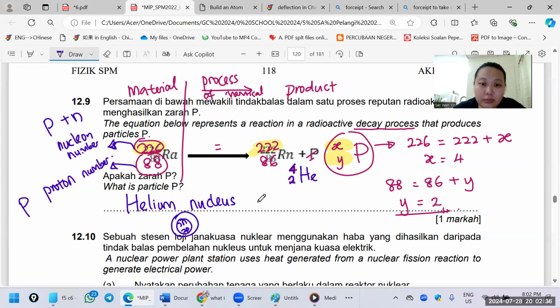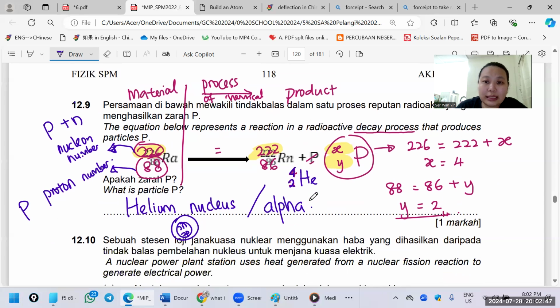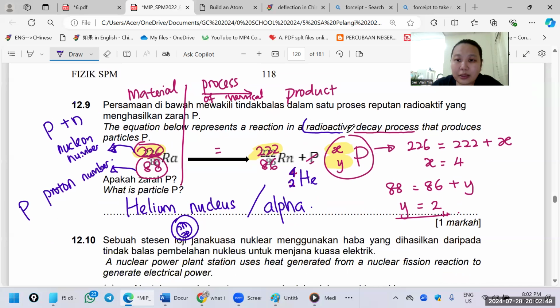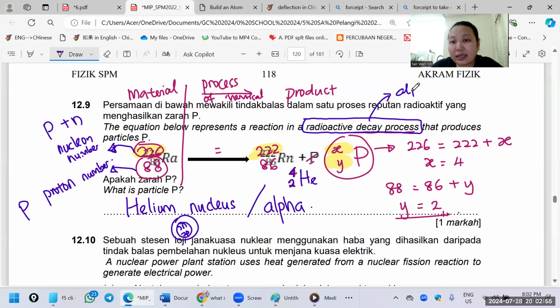So you can say helium nucleus, or alpha. Yeah, alpha. Then this radioactive decay process we also call alpha decay.